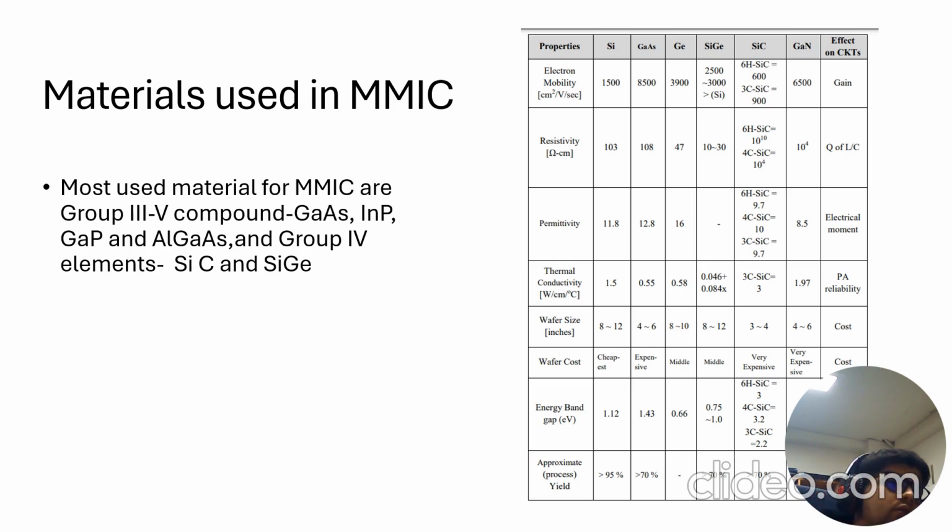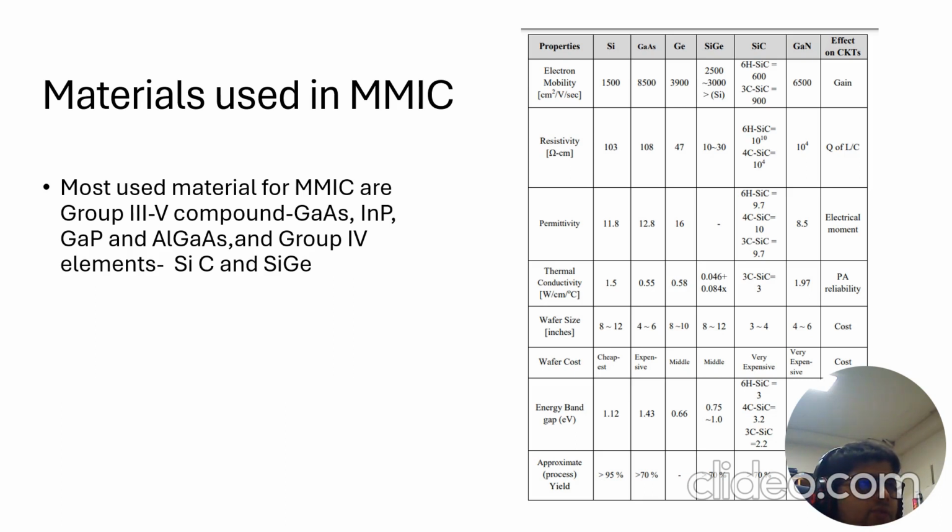You can see here in the table the different properties of the different compounds and elements: electron mobility, resistivity, permittivity, thermal conductivity, also wafer size, wafer cost, energy band gap, and approximate process.